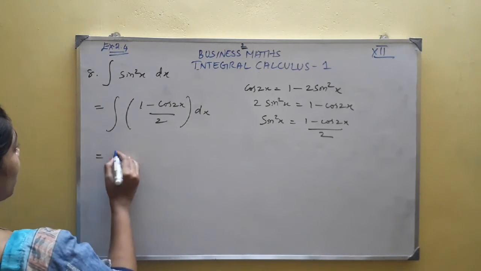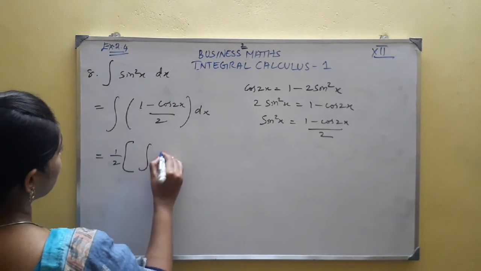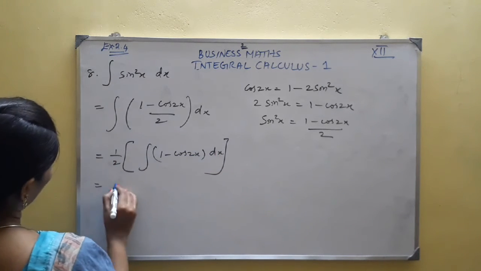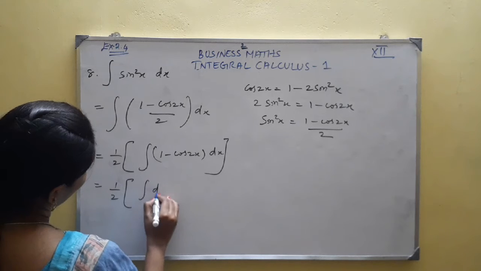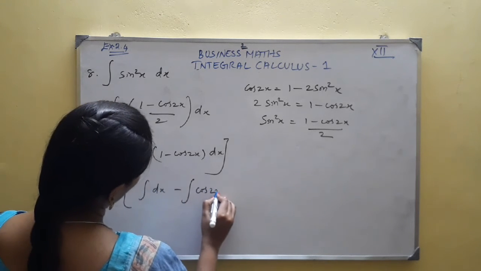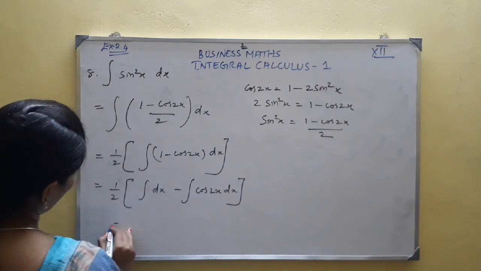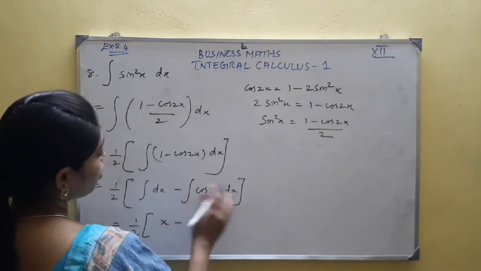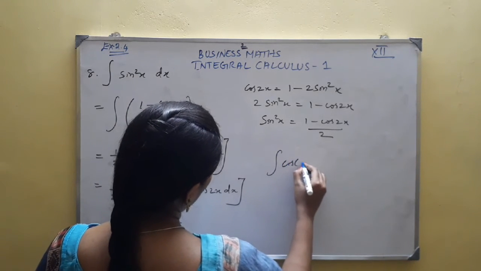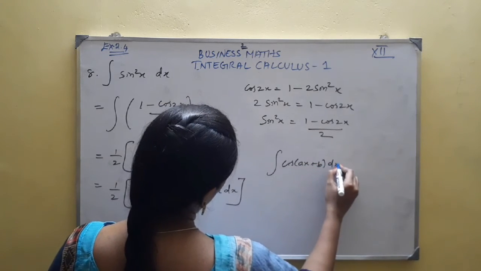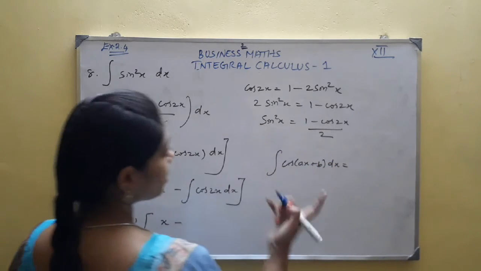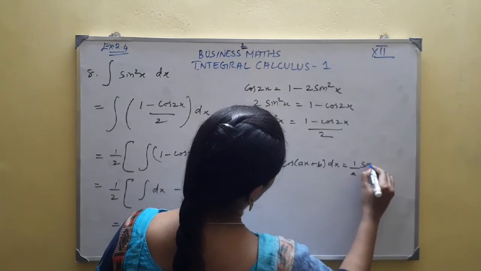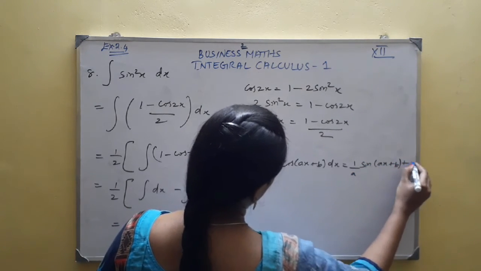Okay, so take this 1 by 2 outside. You will get 1 by 2 integral 1 minus cos 2x into dx, that is integral dx minus integral cos 2x dx. Now this is 1 by 2. Integration of dx gives you x minus. So integral cos of ax plus b into dx gives you, integral cos x is actually sin x, so 1 by a sin of ax plus b plus c.